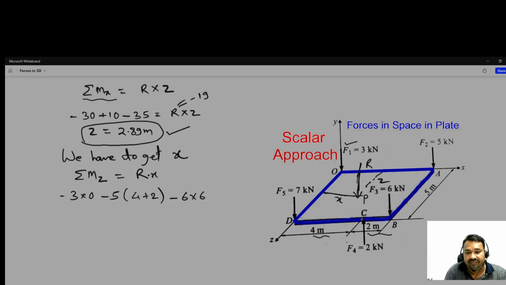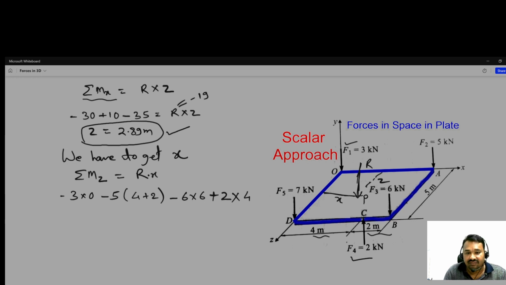What about F4? Here it will be 4, this force is 2, and the perpendicular distance is 4 meter from the origin along x.